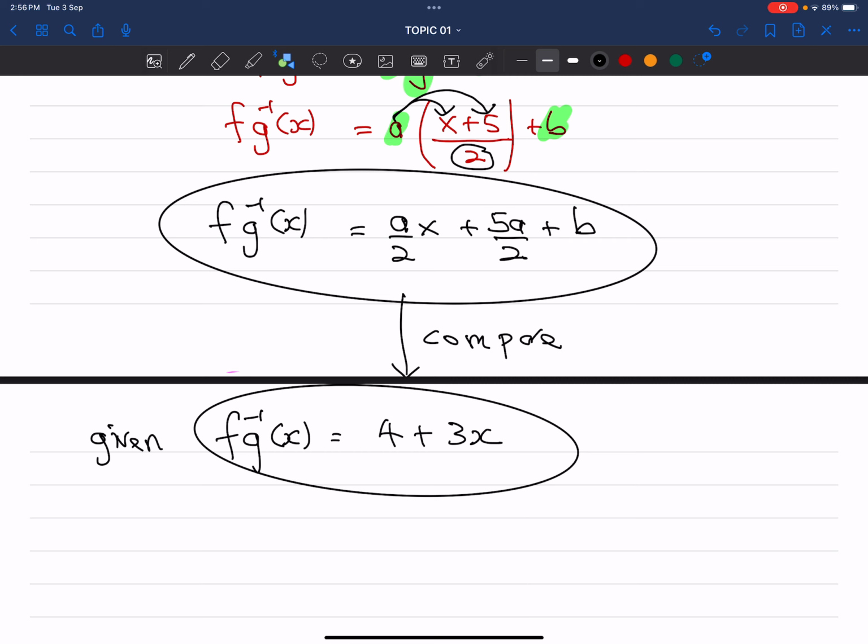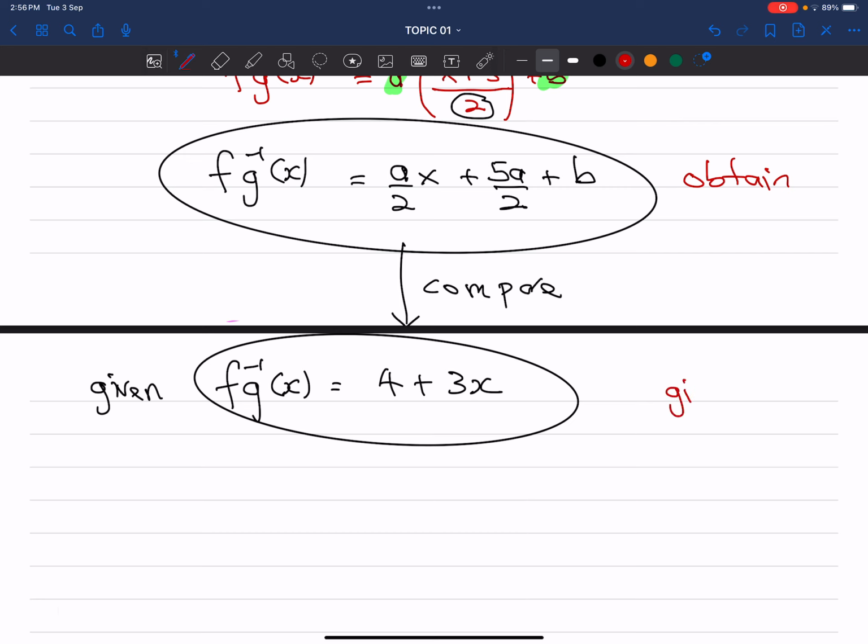You see? This is what we obtained, and this is what was given.